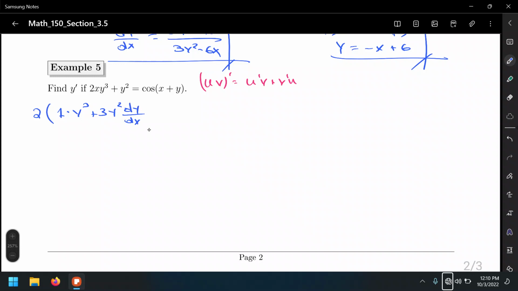So that's the derivative of the product, right? Oh, don't forget the u part, which is x. What's the derivative of y squared? This one right here. Isn't it 2y dy dx?